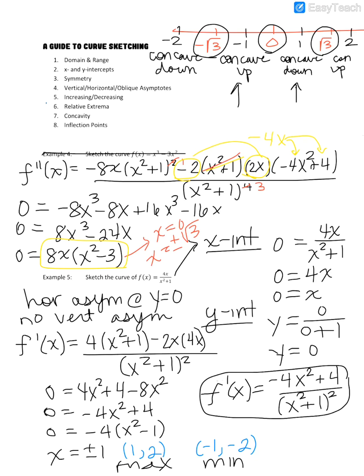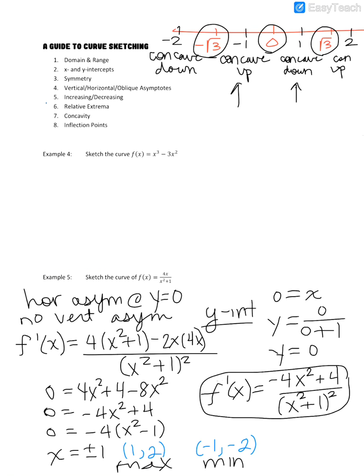All right, so now I'm going to get my graph. Okay. All right, first thing I want to put on here is my intercept at 0. I have a max at 1, 2. I have a min at -1, -2.